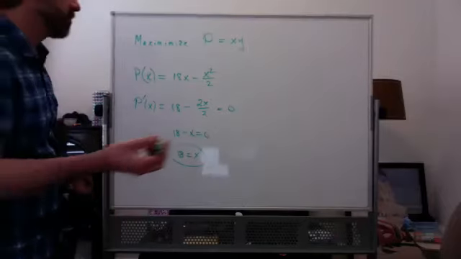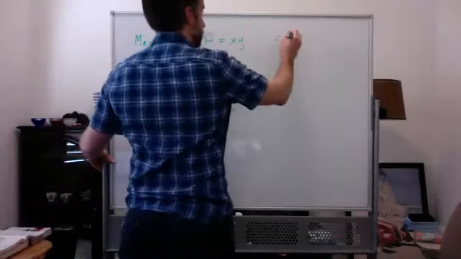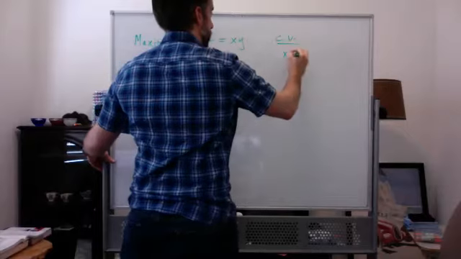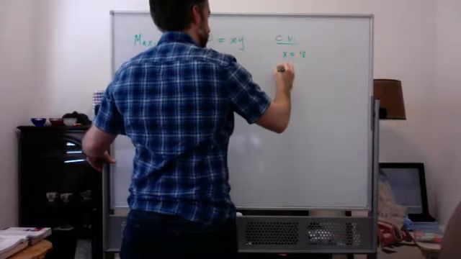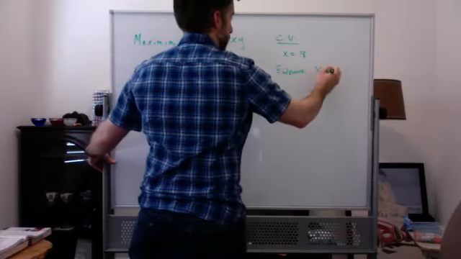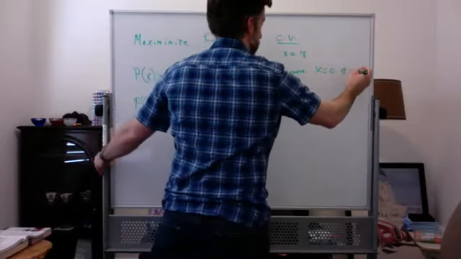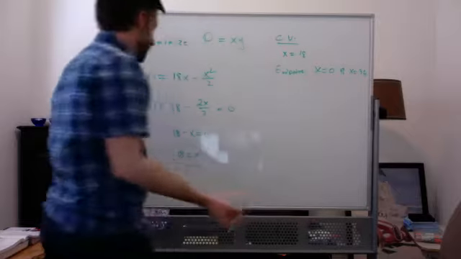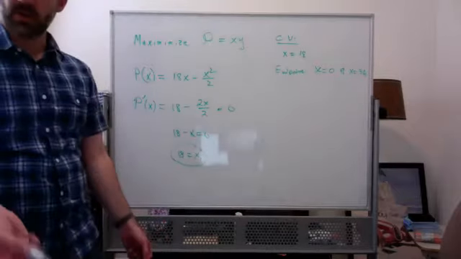So the way we do that is we look at our critical values, which is x equal to 18. We also look at our endpoints, which is x equal to 0 and x equal to 36. And then we plug those all into the original function.